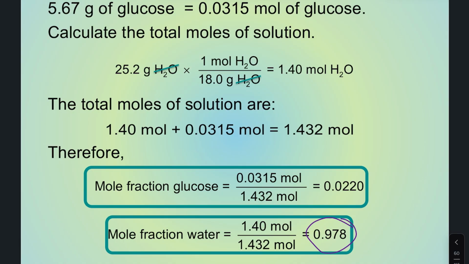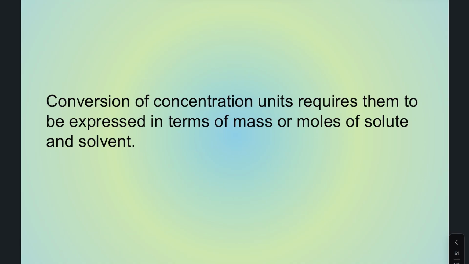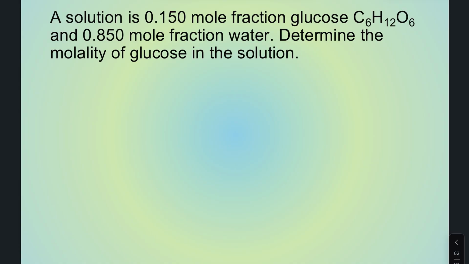All right, let's keep going. So we can convert between concentration, such as molarity, to molality, or mass or moles, or whatever we need to. And so let's try this. We want to find the molality.